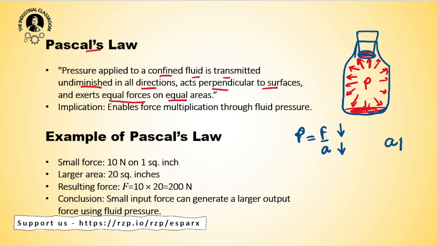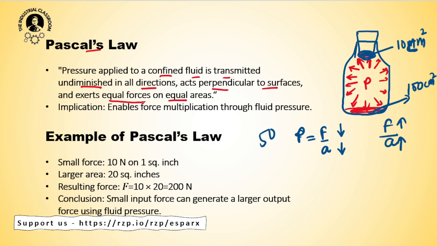If the area is large, the force will also be large. If you don't understand, let us take a small example. Suppose the area of this cork is 10 centimeter square, and this is 100 centimeter square. Let me take the area. Now let me consider the pressure is equal.